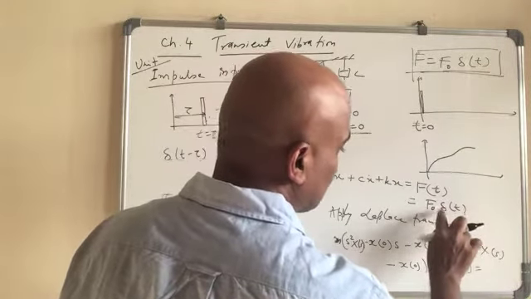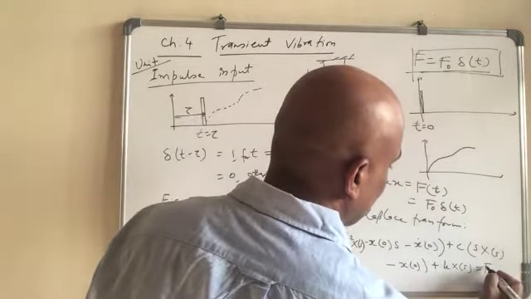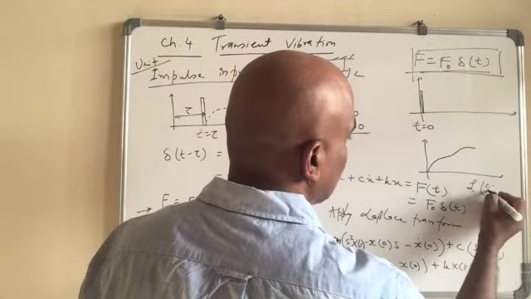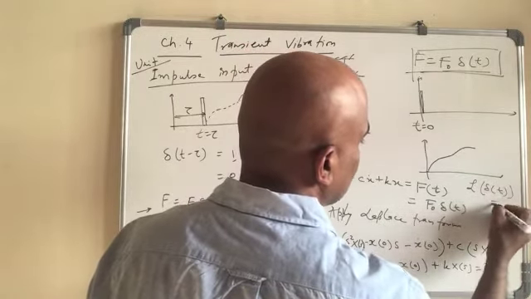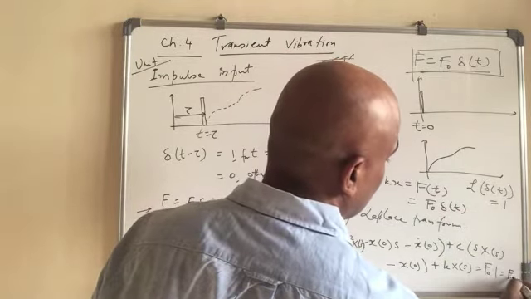The Laplace transform of delta t is simply 1. F naught is a constant, so multiplied by 1 it equals F naught.